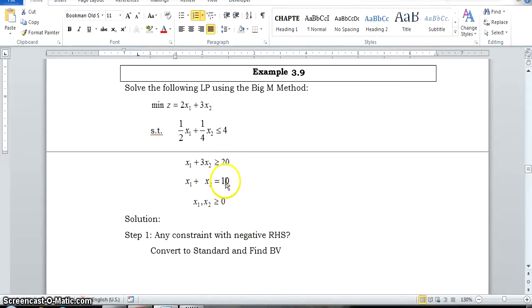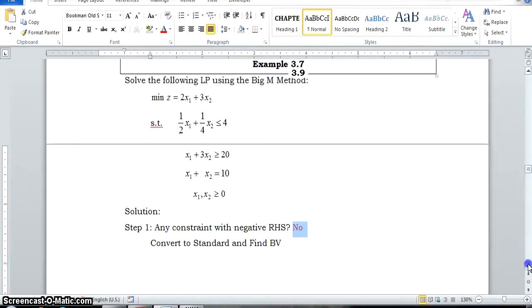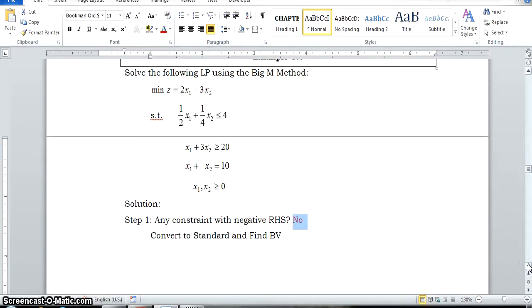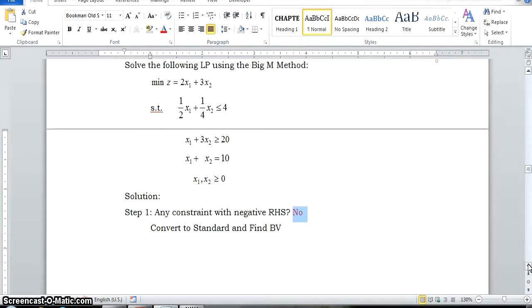Because none of the constraints has a negative right-hand side, we don't have to multiply any constraint through by negative 1. Then, we convert the model to standard form.